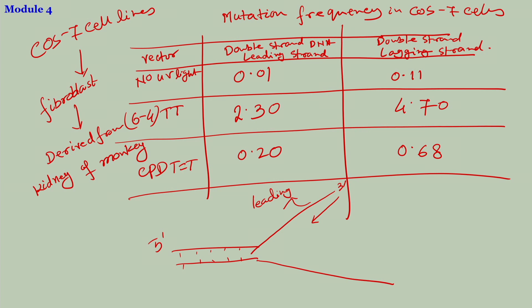This is the frequency of the mutations in this strand, and similarly this is the 3 prime to 5 prime end. So, this is your lagging strand, and you are synthesizing in a discrete fashion. Then the mutation frequencies in this newly developed strand are basically these. So, mutations will happen here.